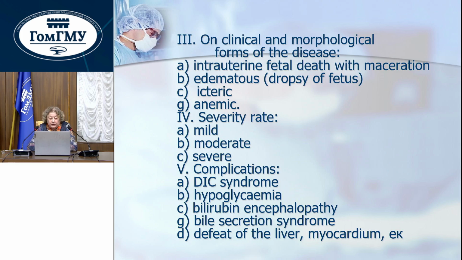It will be intrauterine fetal death with maceration. The next is edematose, dropsy of the fetus, then icteric, and then anemic. And severity rate, it will be mild, moderate, severe. And complications, it will be DIC syndrome, hypoglycemia, bilirubin encephalopathy, bile secretion syndrome, defeat of the liver, myocardium, and so on.